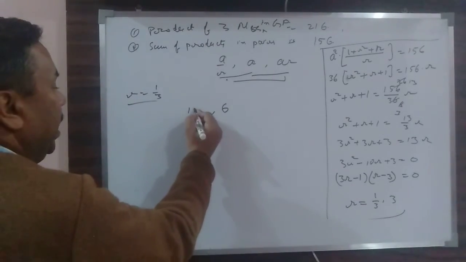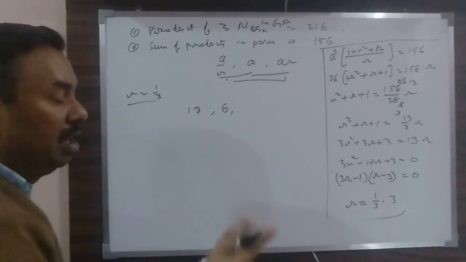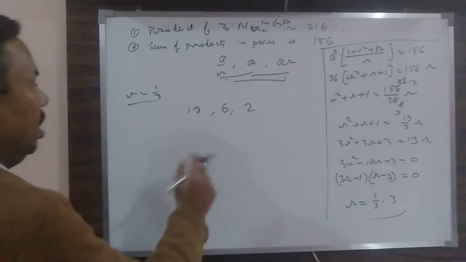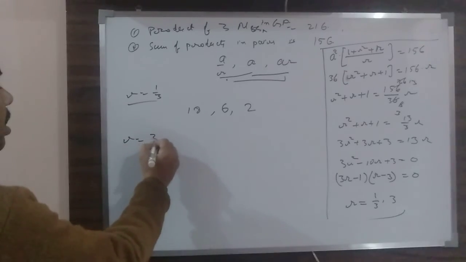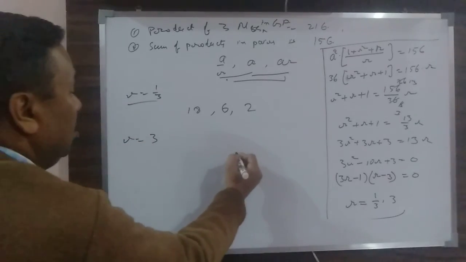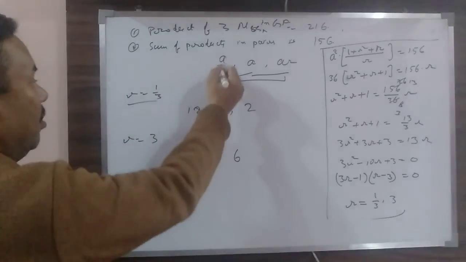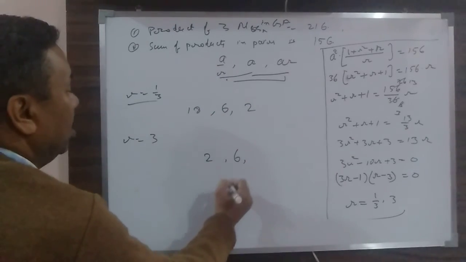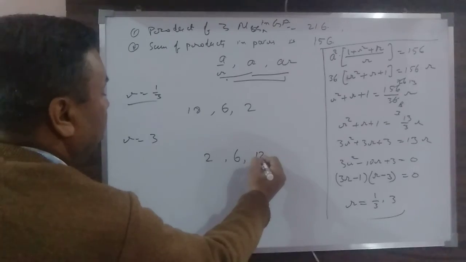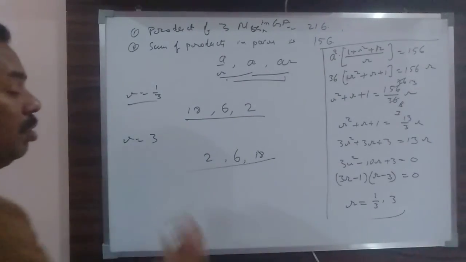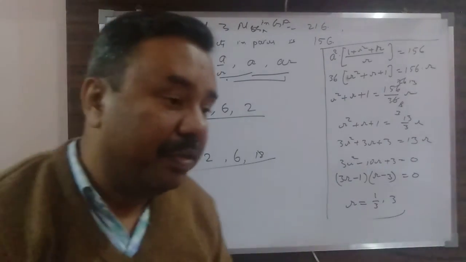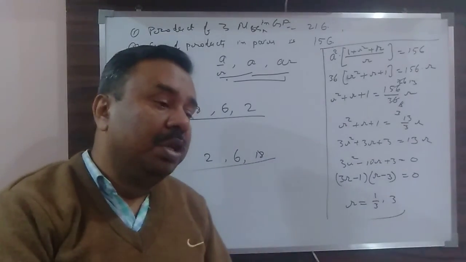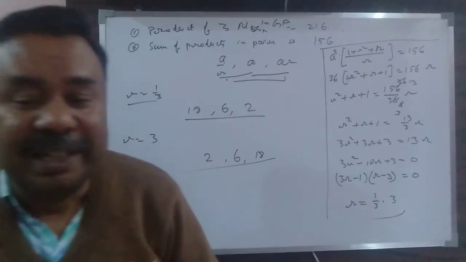So this will be 18, and the third number will be 6 divided by 3 or 2. If you take r is equal to 3, again your middle number will be 6. First number will be a by 3, so it will be 6 by 3 or 2, and this will be 6 into 3 or 18. So in any case, you get the same set of numbers. So this is how to use the specific trick.